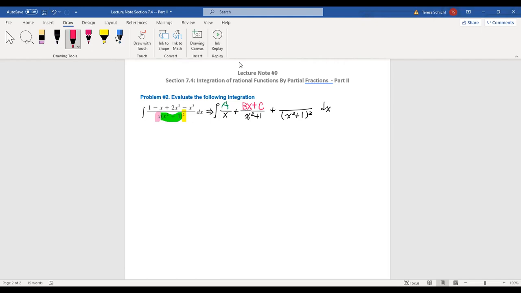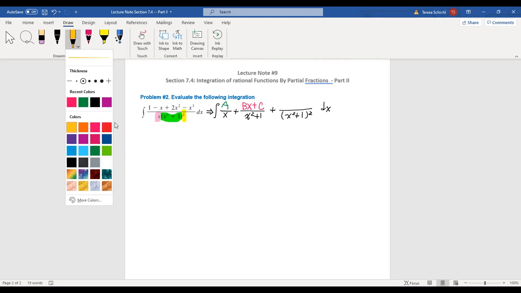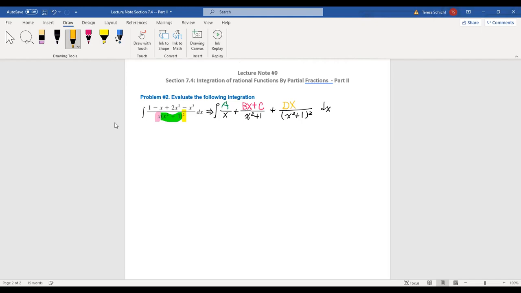And now this one, because these two are repeated, it is just the power increasing. Still, we are dropping 1 degree, so this will be dx plus e, right? So basically, whoa, this is like 5 variables and 5 equations, right?